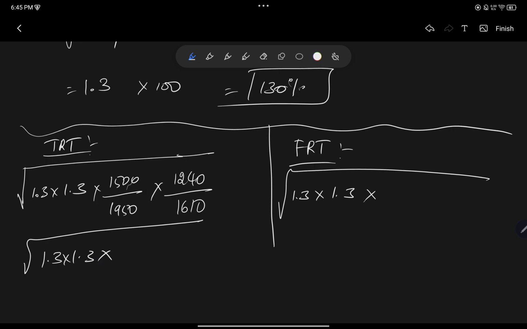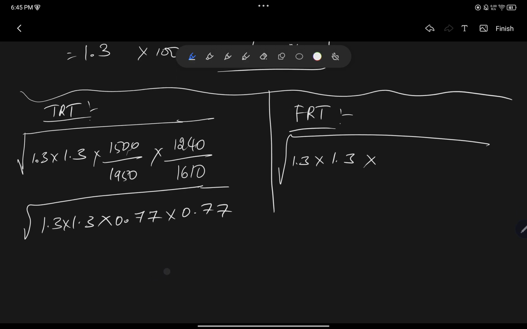Okay, now 1500 divided by 1950 is 0.77. 1240 divided by 1610 is 0.77.